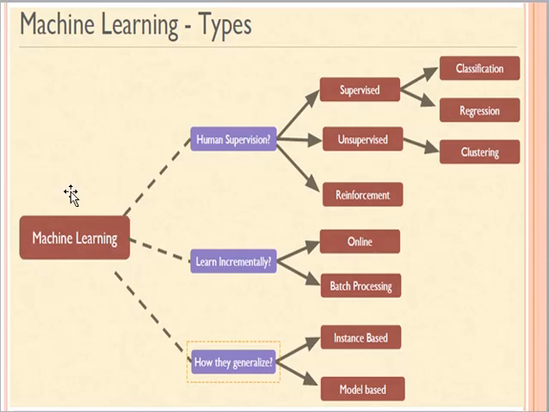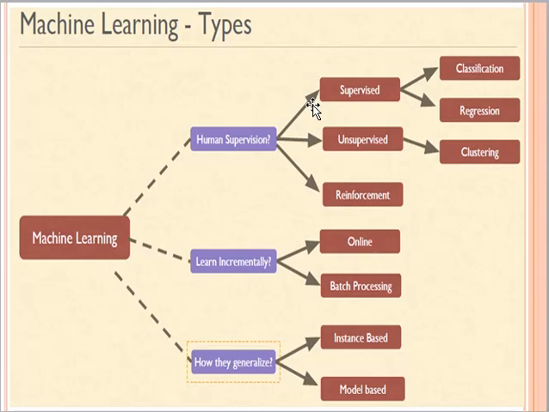So in machine learning we basically have three different types, right? If I talk about human supervision, under human supervision the different algorithms of machine learning can be subdivided into three major categories, right?